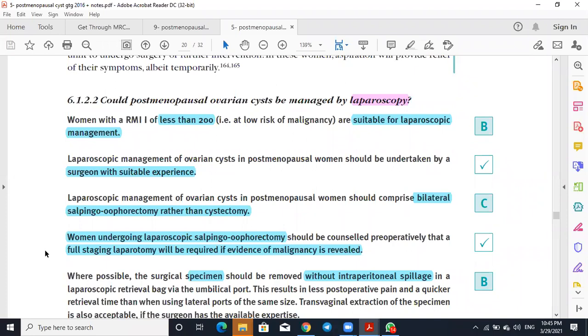Laparoscopic management of ovarian cysts in postmenopausal women should comprise bilateral salpingo-oophorectomy rather than cystectomy. This is our answer. This is stated clearly: bilateral salpingo-oophorectomy.